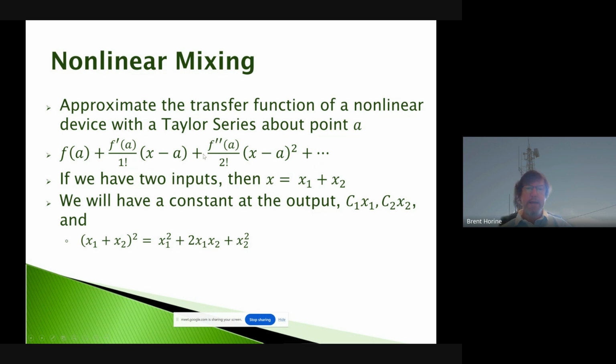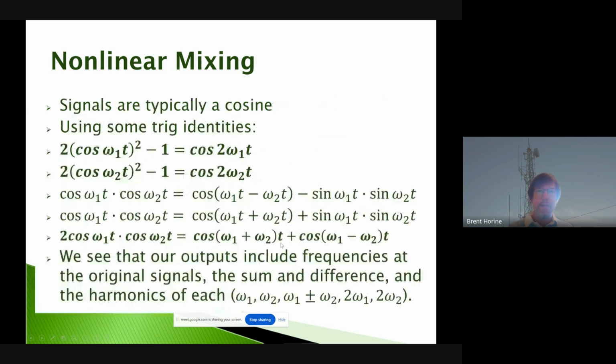And then we'll also have this squared term here, right? So let's take this x and replace it with x1 and x2 and square it, okay? And here I'm simplifying from this Taylor series to just a power series, right? And now we're going to expand that. So this is simply x1 squared plus 2x1x2 plus x2 squared.